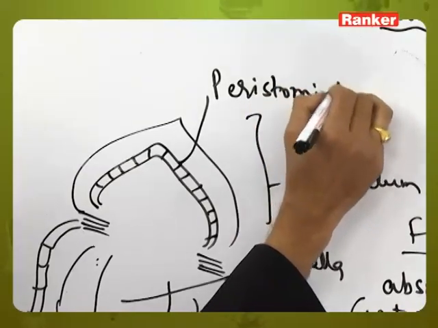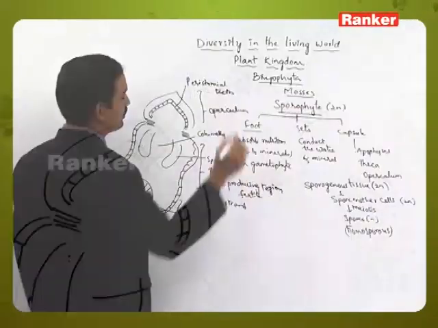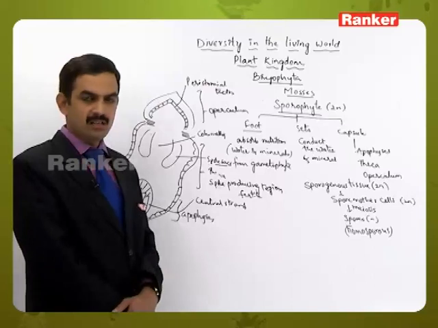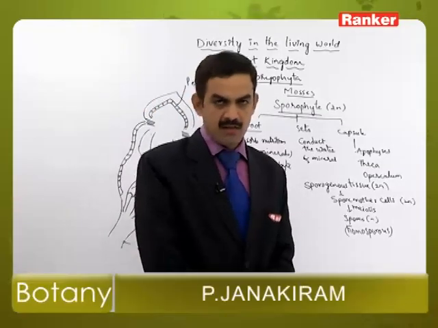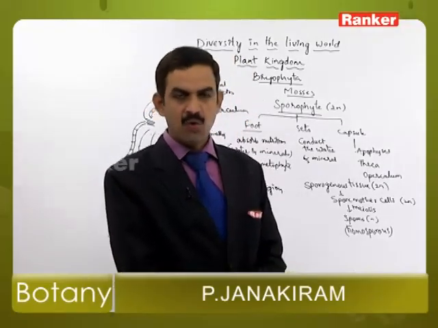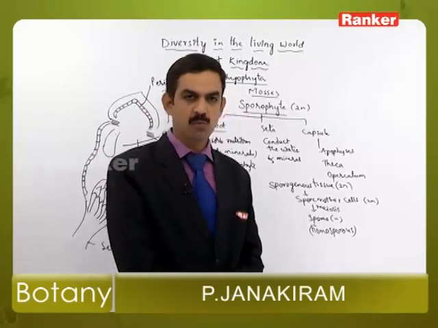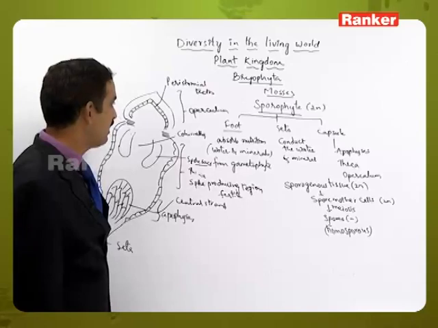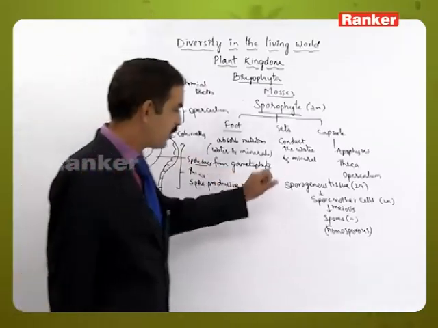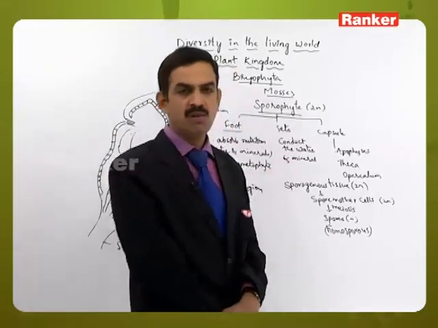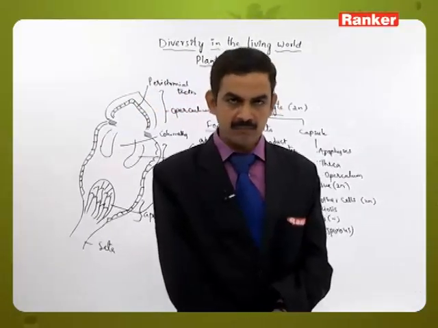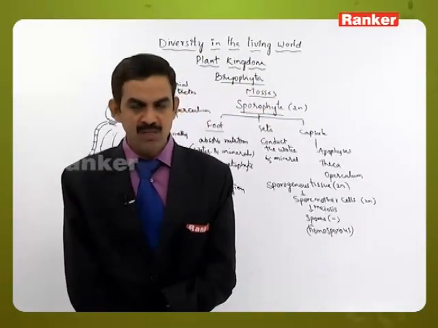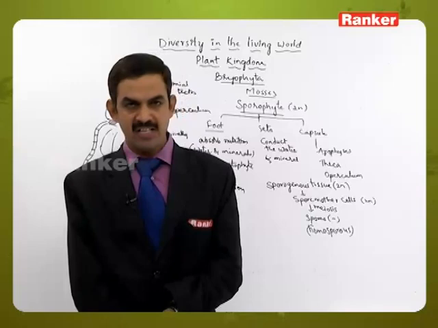Here in mosses, the elaters which were there in the liverworts are not present. But here the peristomial teeth are the structures which help in the dispersal of the spores, and once the spores are liberated, these spores will fall on a suitable substratum and they germinate and give rise to the gametophytic generation.